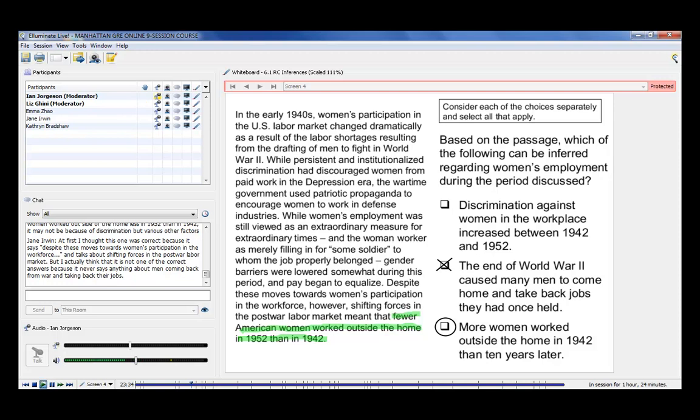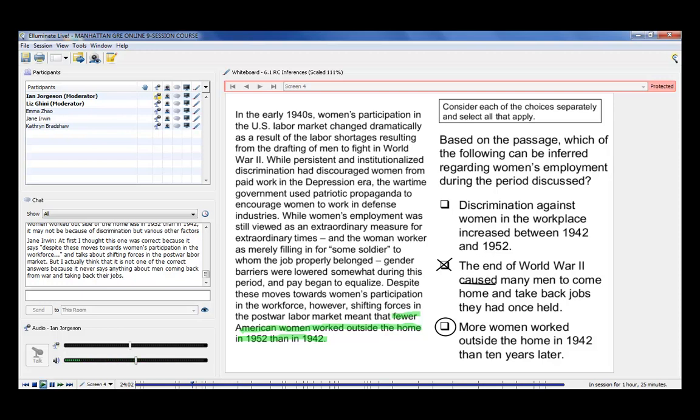Now, in real life, we know that that's probably true. Yeah, the men came back and took their jobs. But it never says that, right? Even this thing about merely filling in for some soldier doesn't lead us to be able to infer something about a causality. Notice that word caused. We need a lot of evidence before we can say one thing caused another.